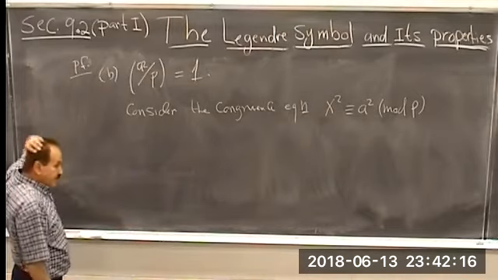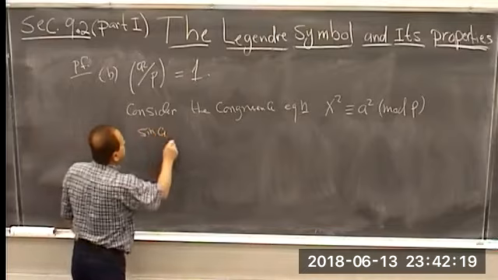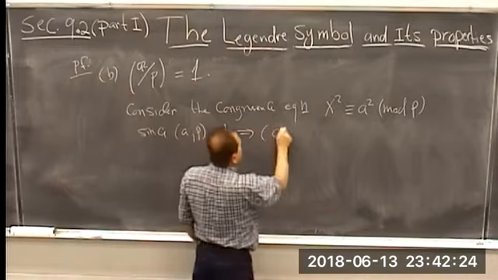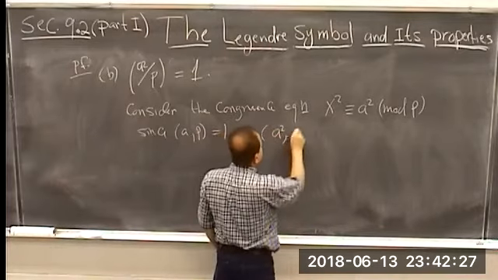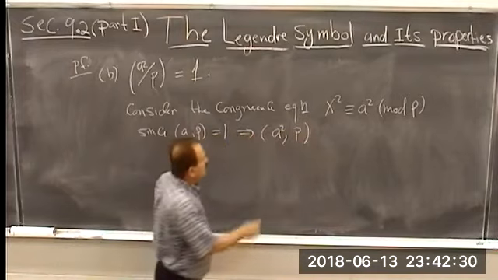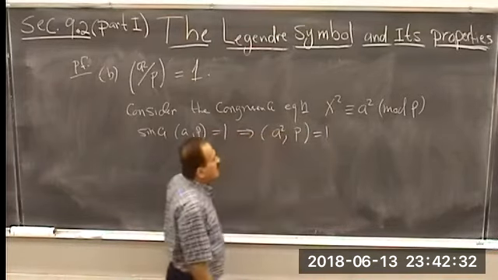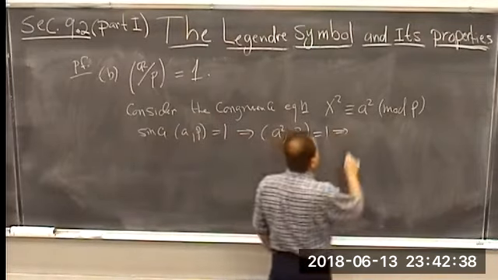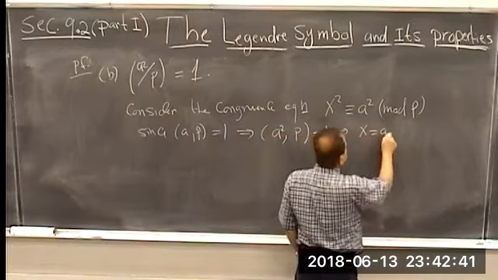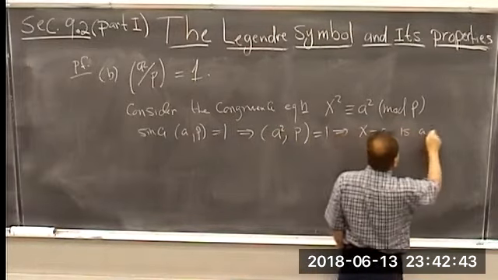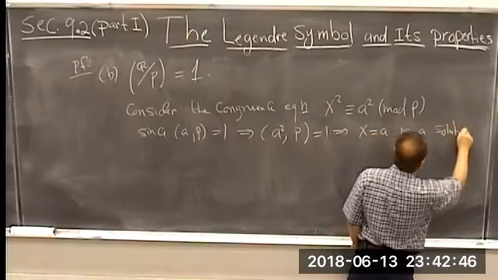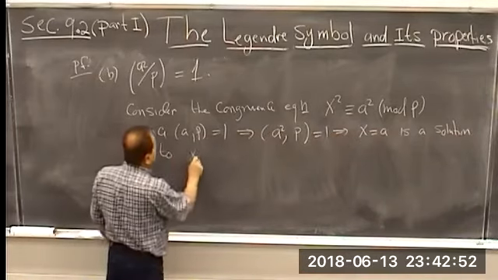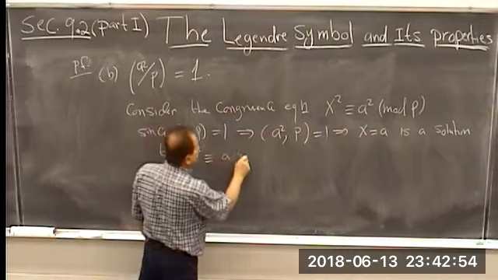Now, since (a by p) is equal to 1, this implies also a squared is relatively prime to p. And this implies that x equal a is a solution to x squared congruent to a squared mod p.